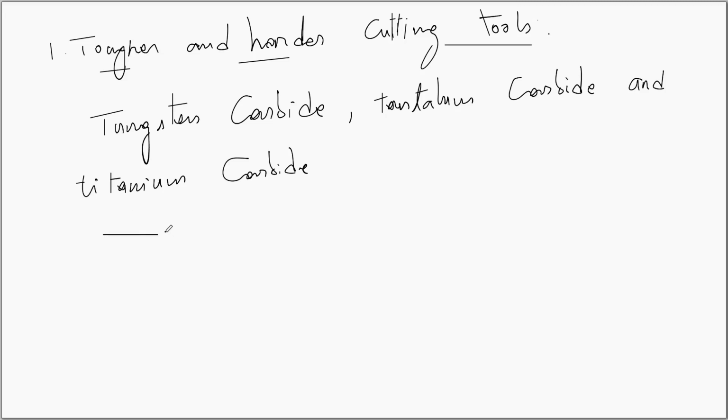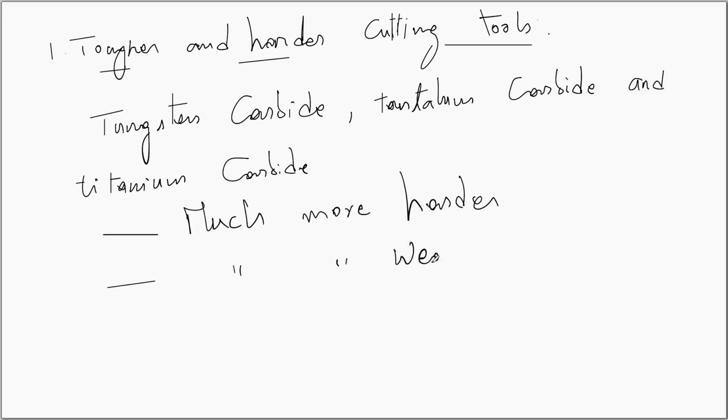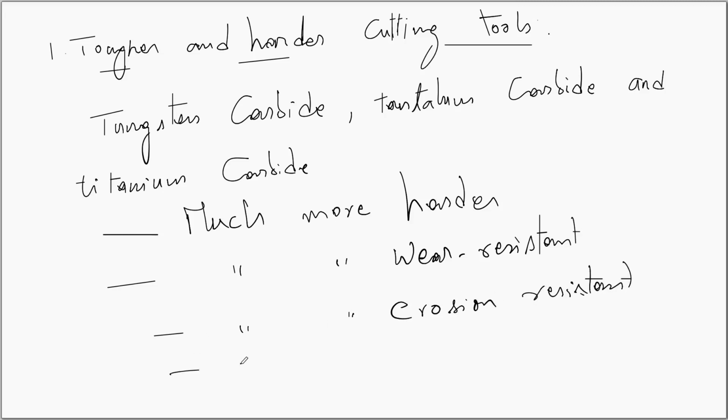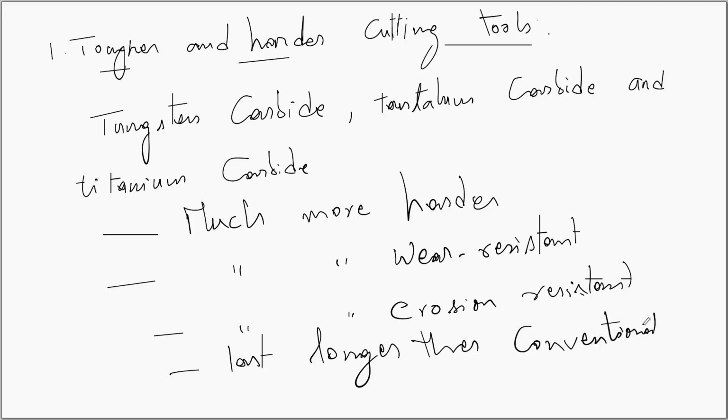The benefits we get when we use the nanocrystalline particles of these materials are that they are much harder, much more wear resistant, much more erosion resistant, and further they last longer than conventional tools.